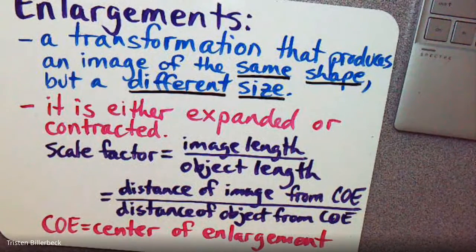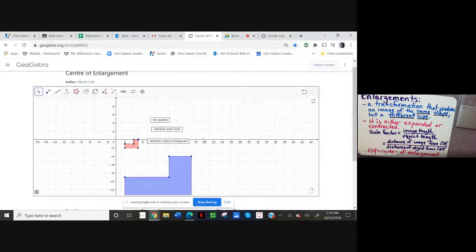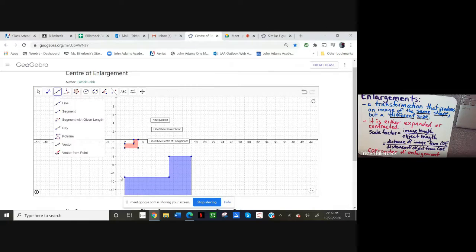Well, let's find out. Okay, let me share the screen. All right, so if we have a center of enlargement here, and I have two objects, how we find that center of enlargement is we go from a corresponding side here, and we go to the corresponding point there.